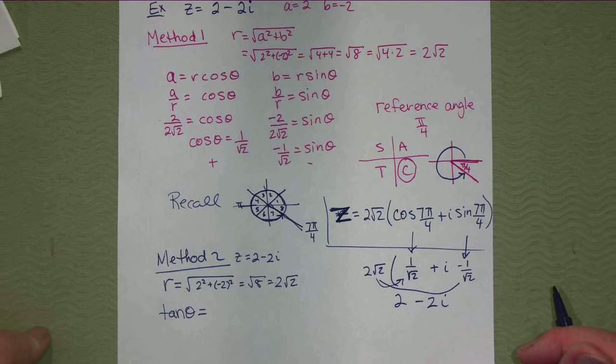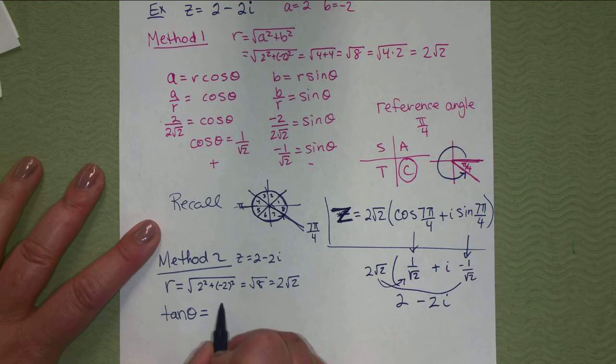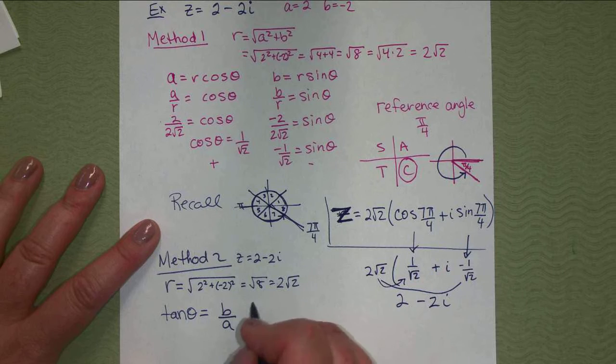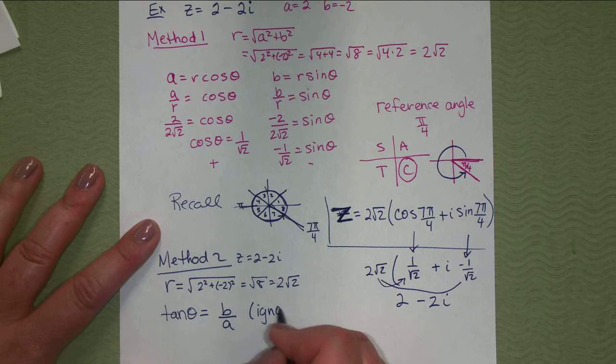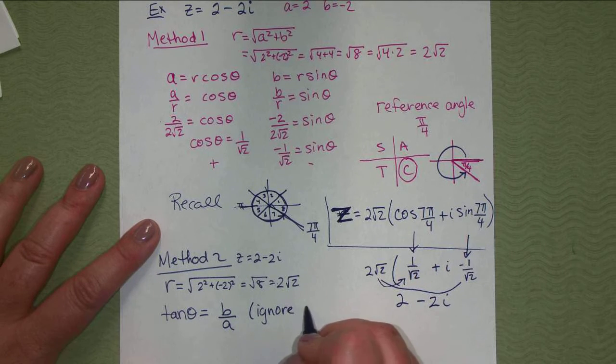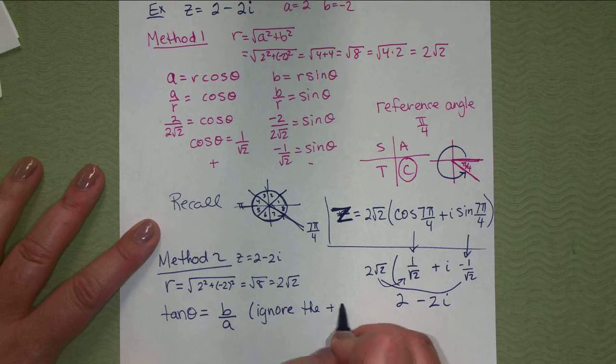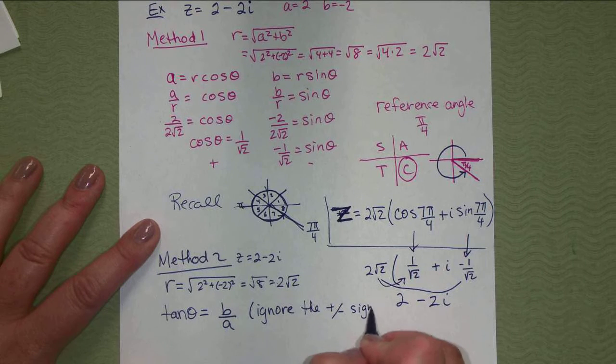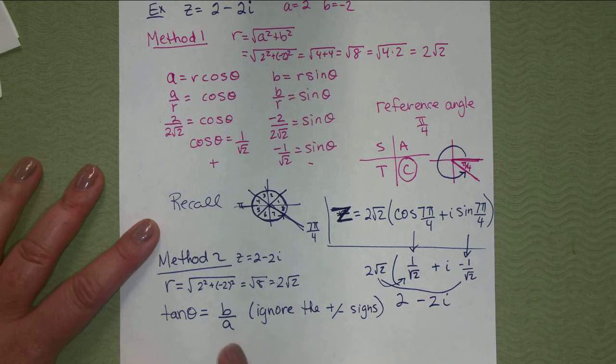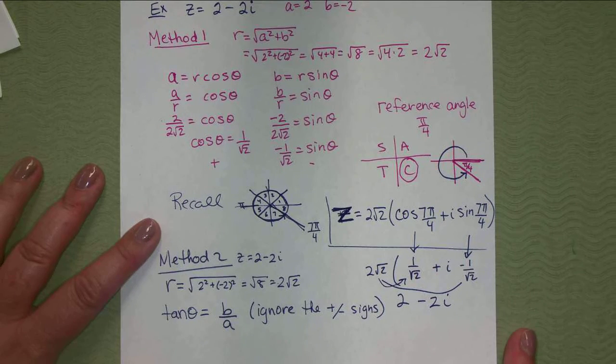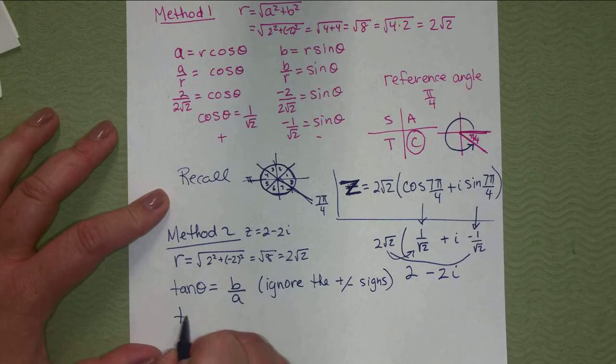The B. So B over A. Okay? And in fact, I just ignore any plus or minus sign, because I'm going to deal with that separately. So we just divide A and B and ignore whether they're positive or negative, doesn't matter. Okay? So if we're ignoring whether they're positive or negative, we just put 2 over 2, which is 1.